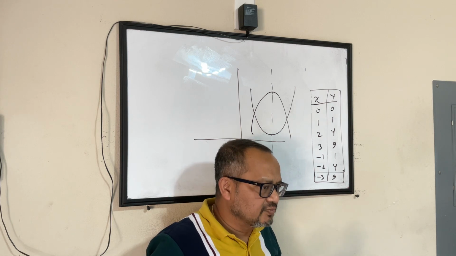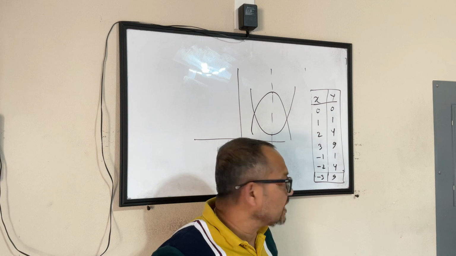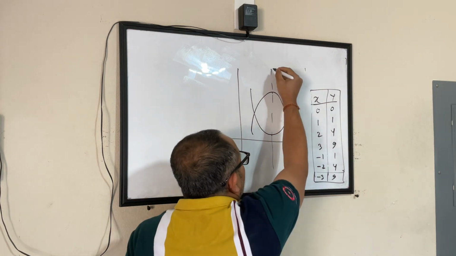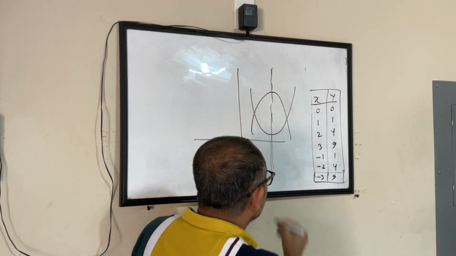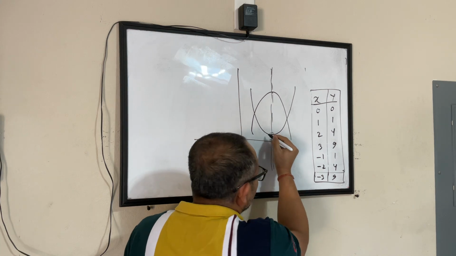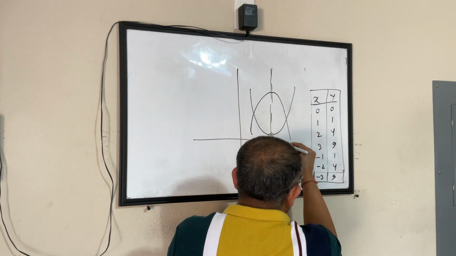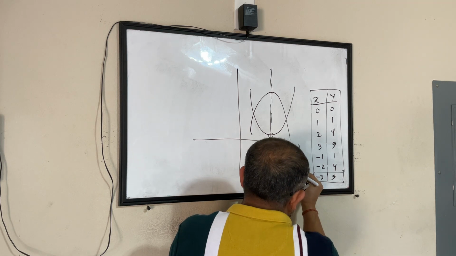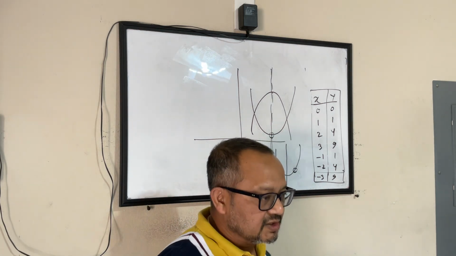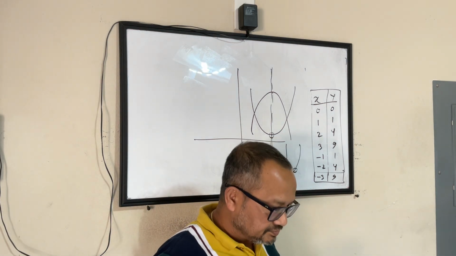Is this making sense so far? The point I'm trying to make is that your axis of symmetry and your vertex are not detachable. You will never have a parabola where your axis of symmetry is here and your vertex is here. That will never be the case. Okay.